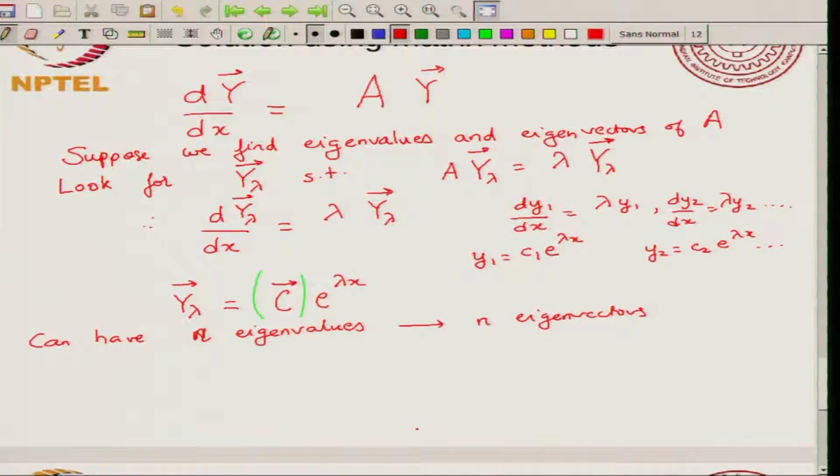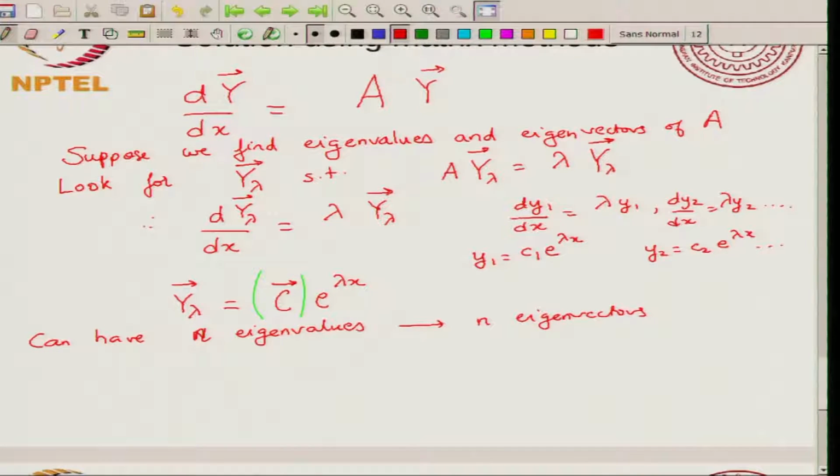So what we have to do is to find these eigenvectors, and these eigenvectors satisfy this differential equation, because dy by dx is Ay, which is A times y lambda, which is lambda times y lambda, and what that gives us is that dy lambda by dx is lambda times y lambda, and this immediately tells us that y lambda should have this exponential factor.